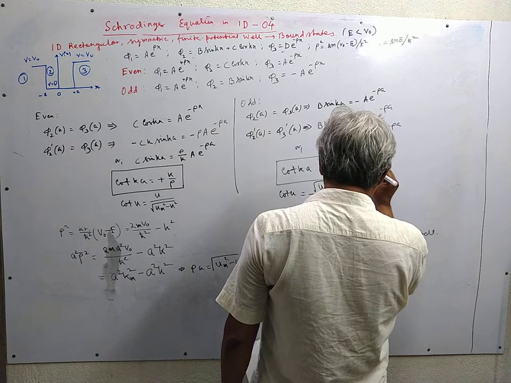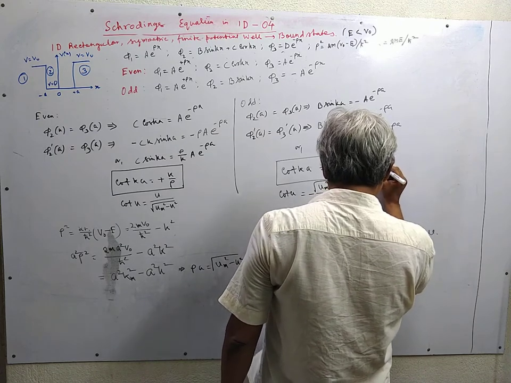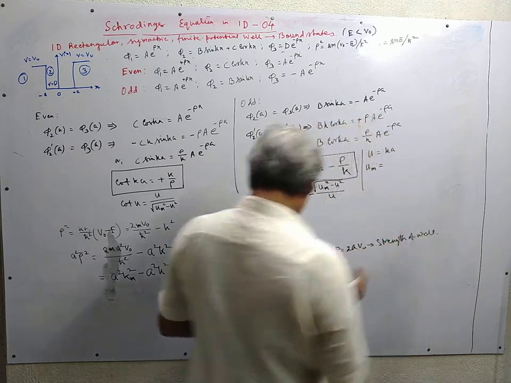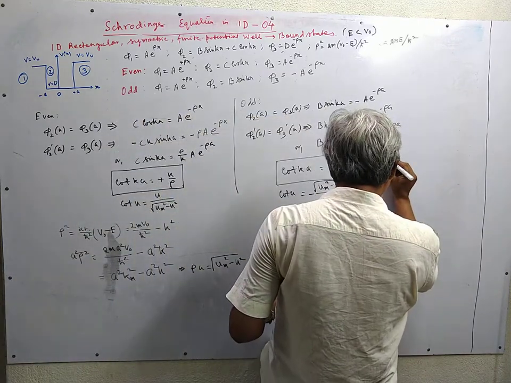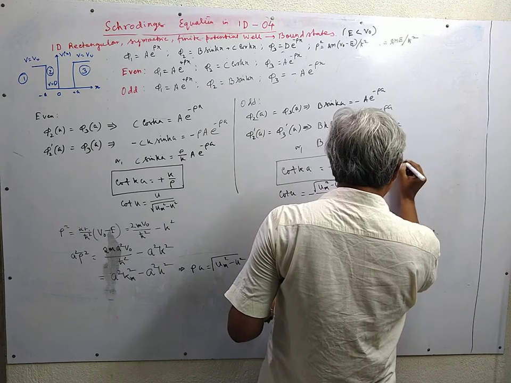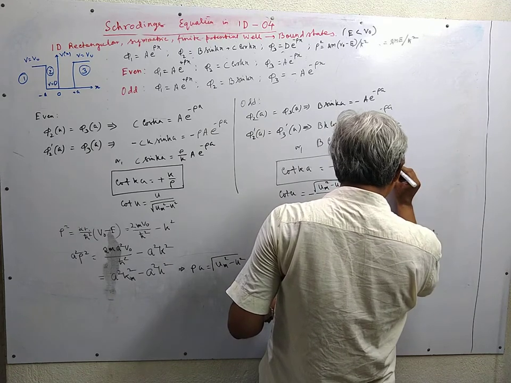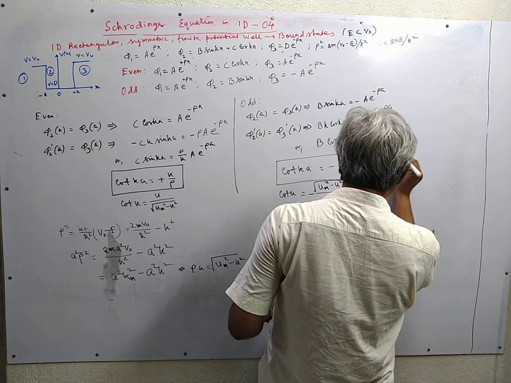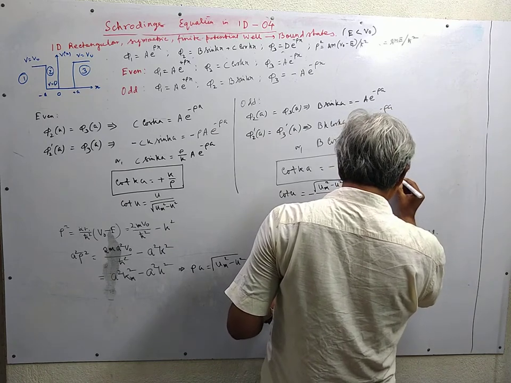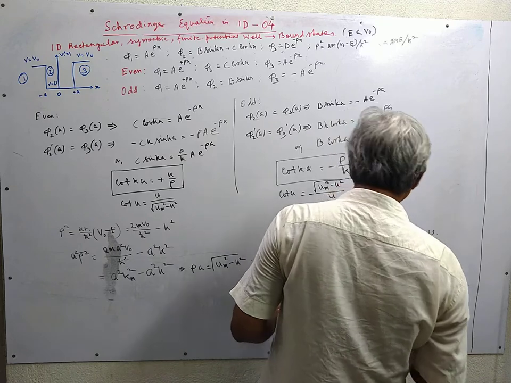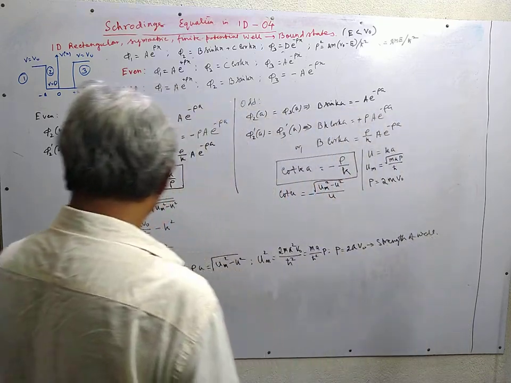Let me remember the definitions: u is equal to Ka, and um is equal to m a P by h bar, with P equal to twice a V0, the strength of the potential.